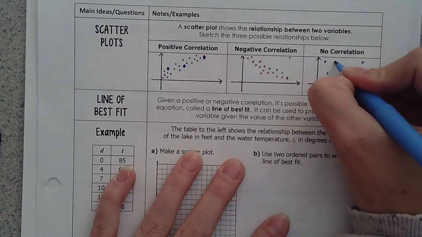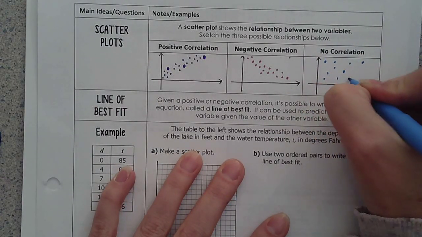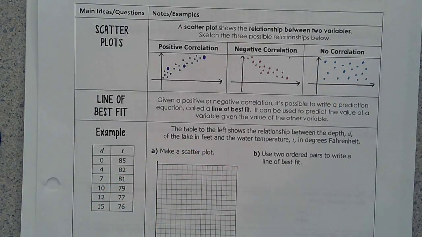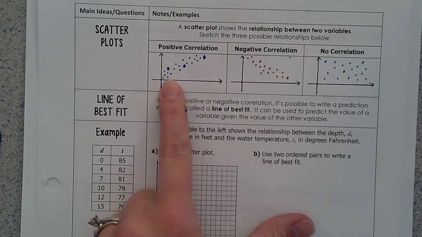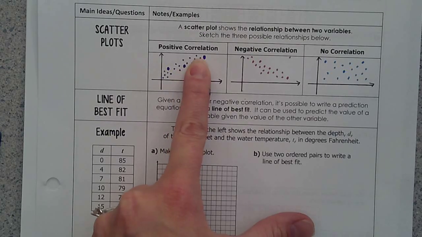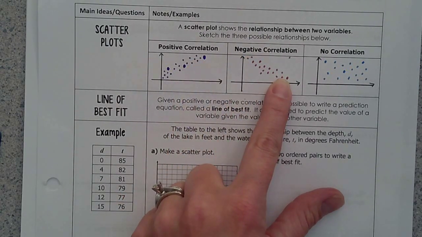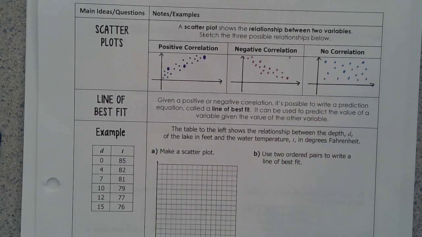And I really am going to have completely scattered data because there's no correlation between age and number of dogs. Okay, so positive correlation, my data is increasing. Negative correlation, they're decreasing. No correlation, the two items are not really related to each other.